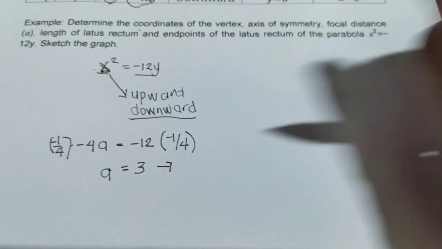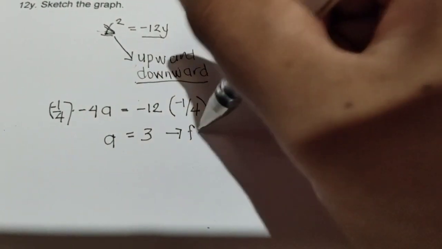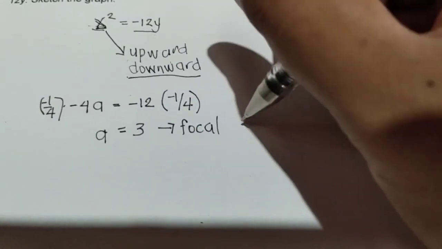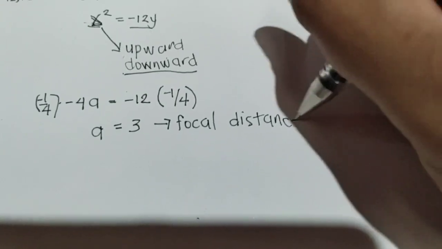So the focal distance, from the vertex of the parabola to the focus and to the line of directrix, is 3.